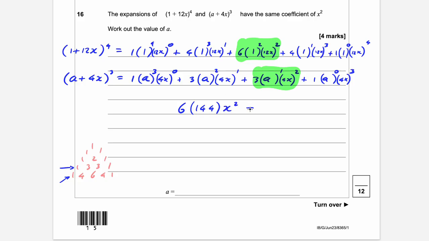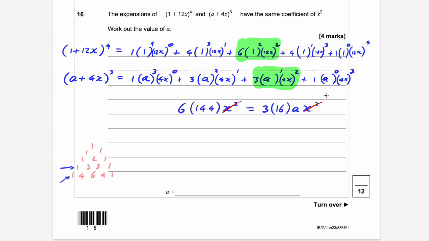This equals 3 times 16 times a x squared. So the 3 from there, the 16 from the 4 squared, a is obviously from here, and then the x squared is there.